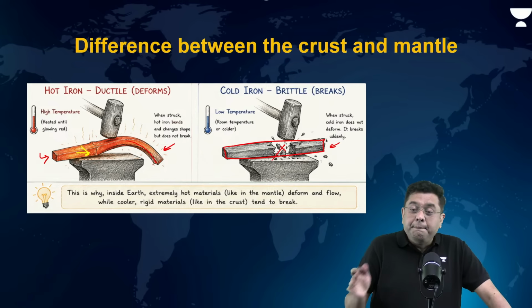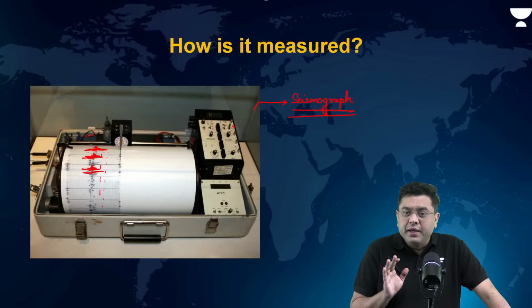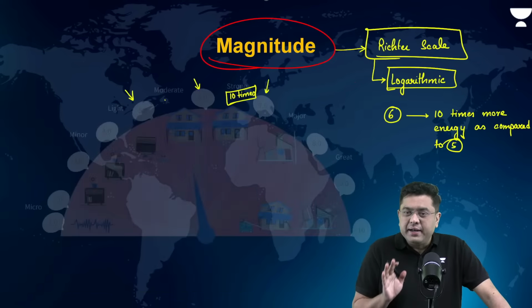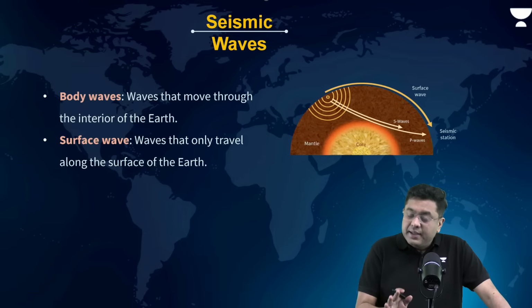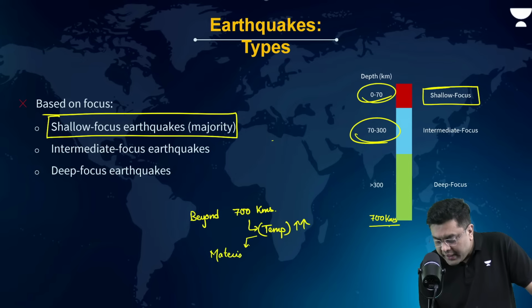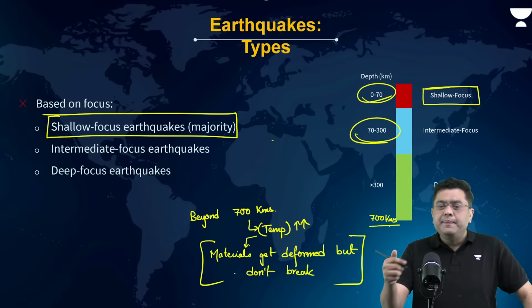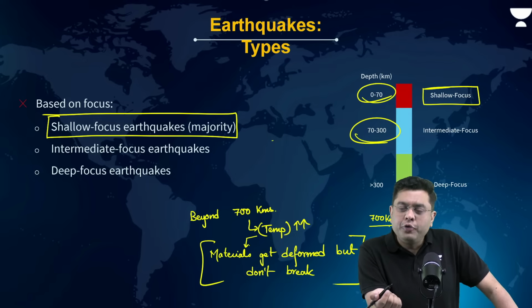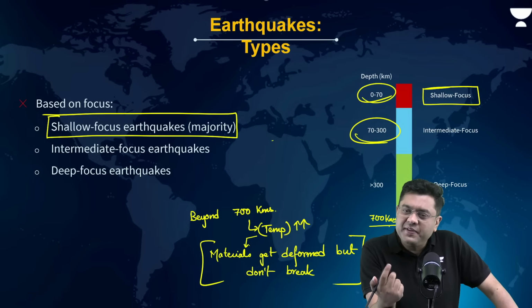That is why beyond the depth of 700 kilometers, materials get deformed but don't break. And if they don't break, then obviously no movement. No movement means no focus, no earthquake, no epicenter.